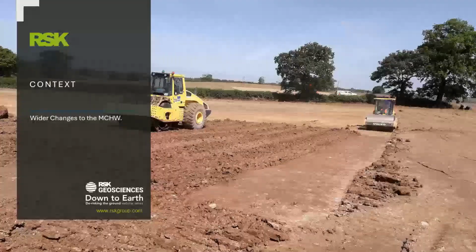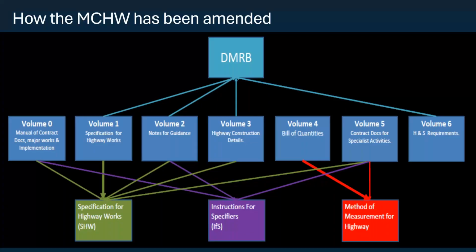But first, a bit of context. The specification for highway works is part of a larger suite of documents. The Manual of Contract Documents for Highway Works, which was originally produced in 7 volumes, numbered 0 to 6, and augmented with the Design Manual for Roads and Bridges, the DMRB. The recent changes have consolidated these down into 4 documents.